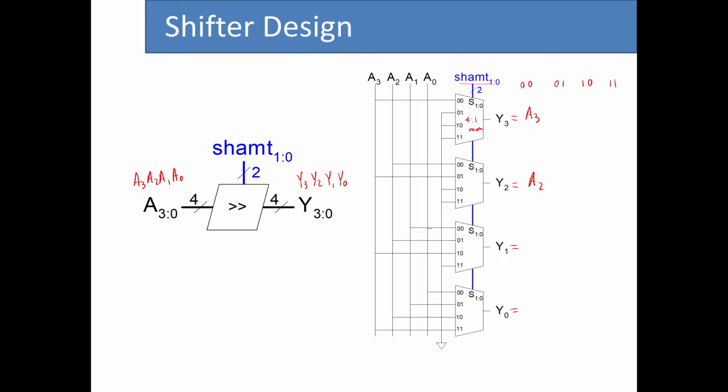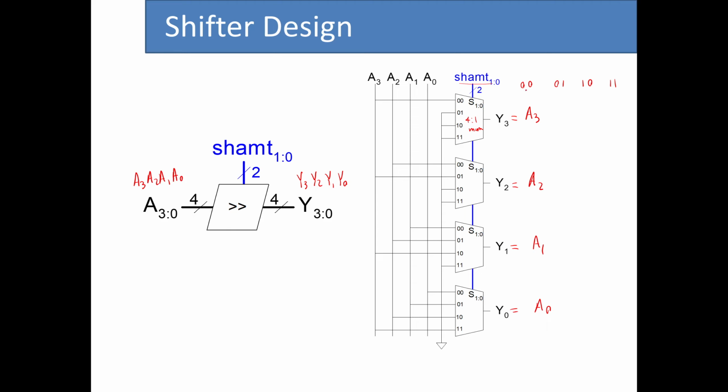For Y1, the 00 input is connected to A1, so Y1 becomes A1. And for Y0, the 00 input of this 4-to-1 multiplexer is connected to A0, so we have Y0 equal to A0.